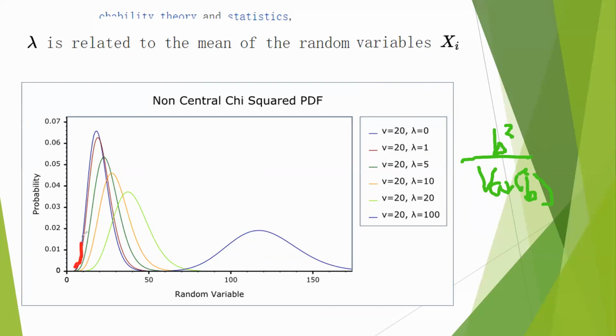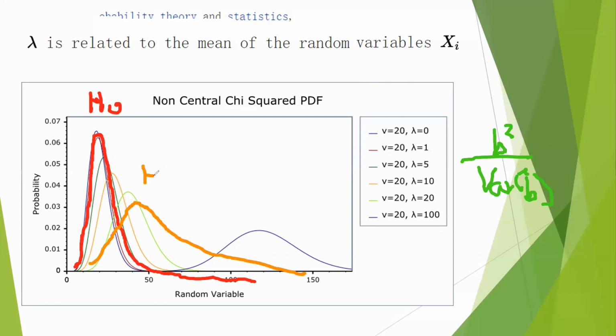One is the central chi-square distribution, which is the null distribution. And we always use another one, for example, the alternative distribution, which is a non-central chi-square distribution. So we're gonna put our data on this test with two different chi-square distributions.